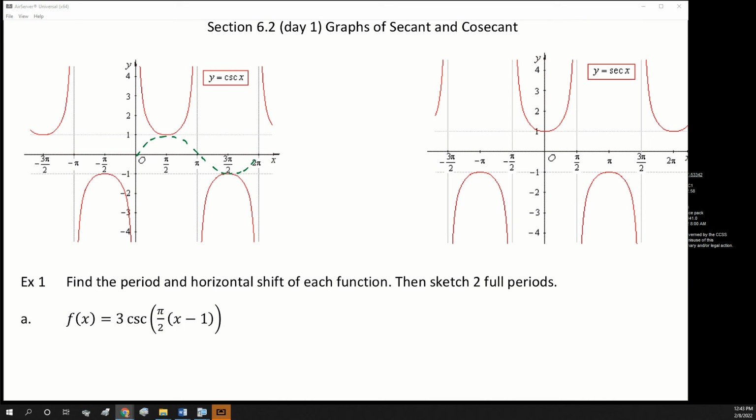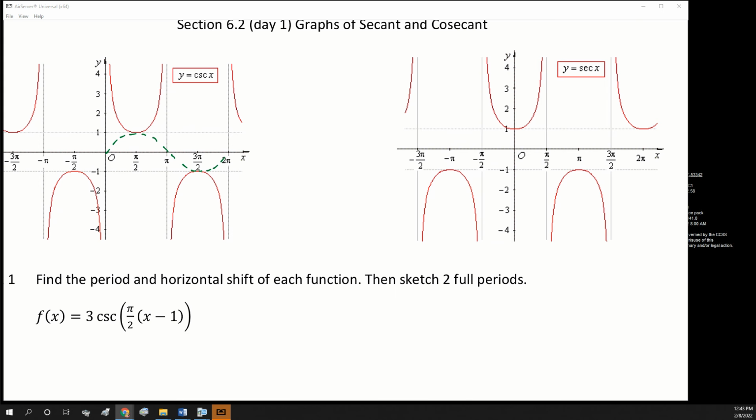Just to remind you of the relationship between sine and cosecant. And then we'll do the same thing for secant. I'm going to draw a little cosine graph in there. It's one period. A Texas Longhorn graph for cosine.